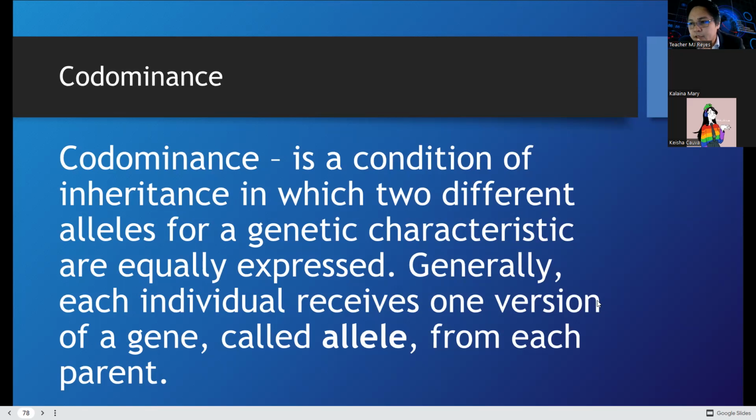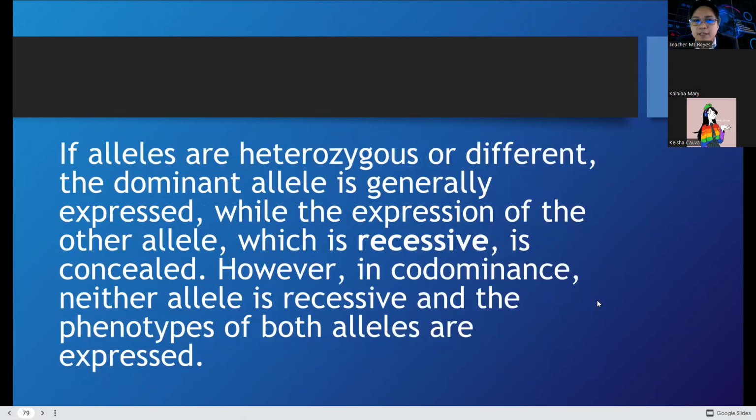The dominant allele is being expressed, and of course the recessive allele is also being carried or expressed in the progeny. That's codominance. If alleles are heterozygous or different, the dominant allele is generally expressed while the expression of the other allele, which is recessive, is concealed, meaning covered up.